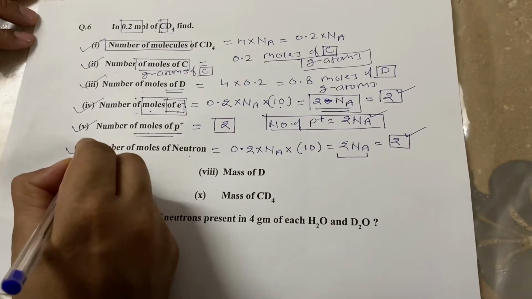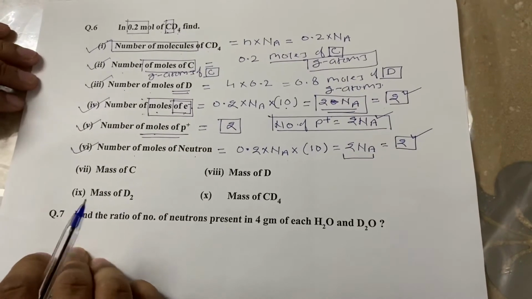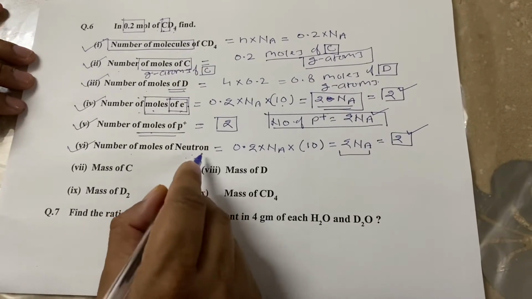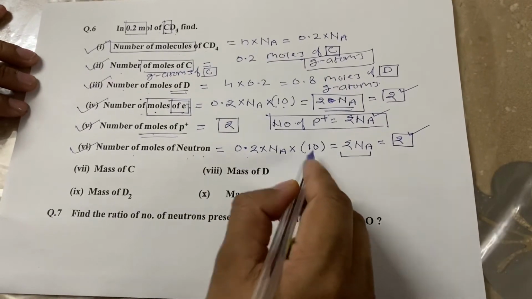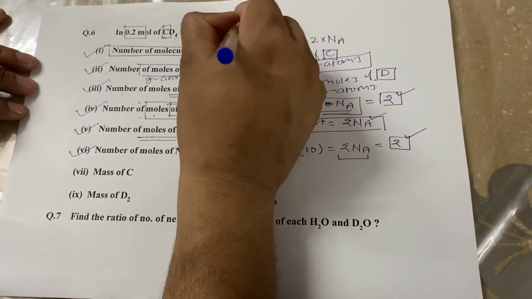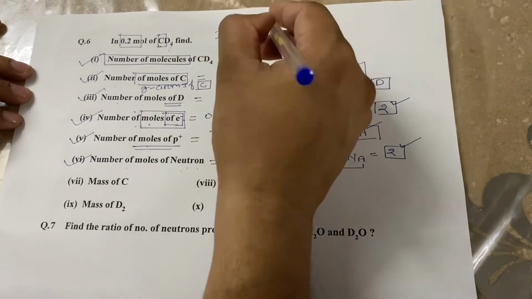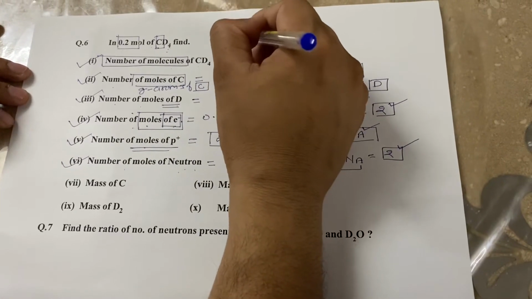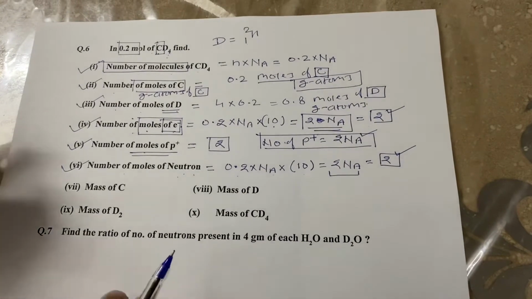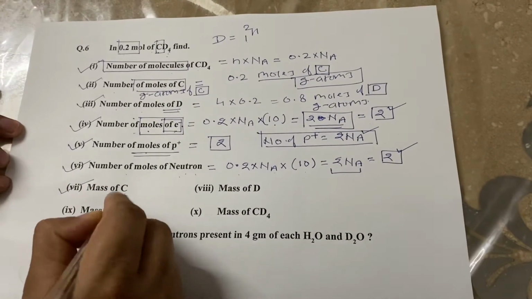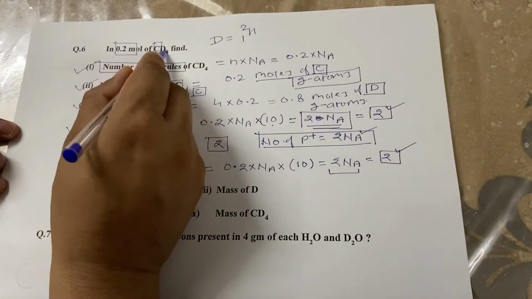We have to be careful how we calculate the number of neutrons: 0.2 into Na into 10 in the CD4, because this is deuterium, which is 1H2, and deuterium contains 2 minus 1, which is 1 neutron basically.